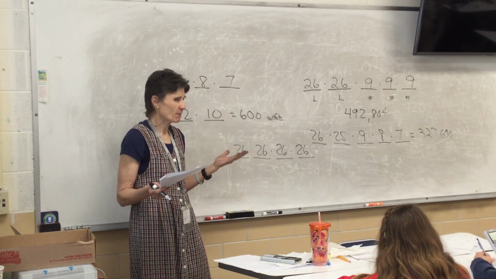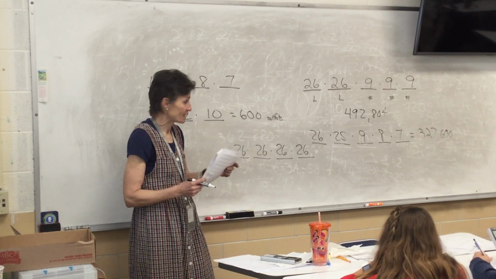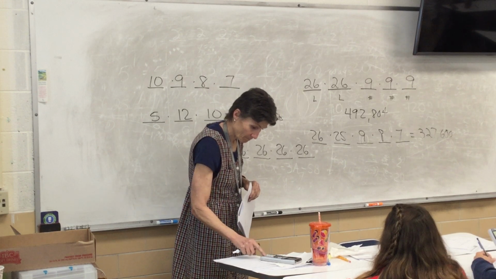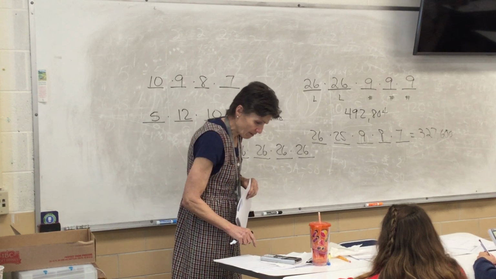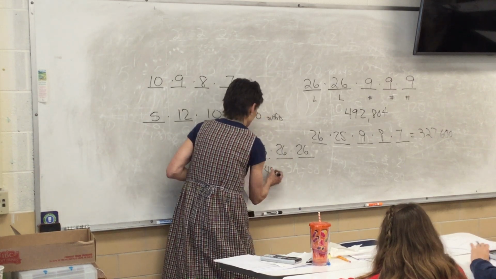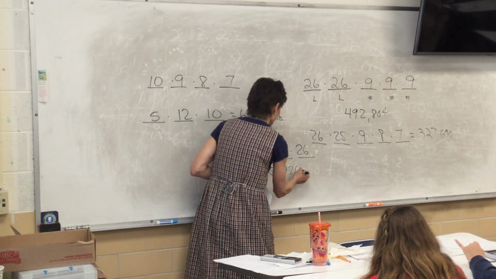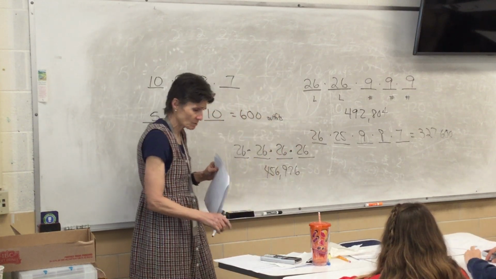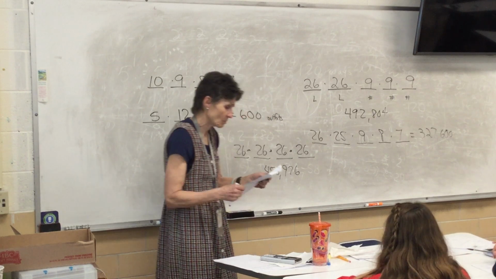I don't think that's allowed in real life, but that's what this problem says. So that answer would be, I got 456,976. Remember, we are multiplying these together. So 26 times 26 times 26 times 26.